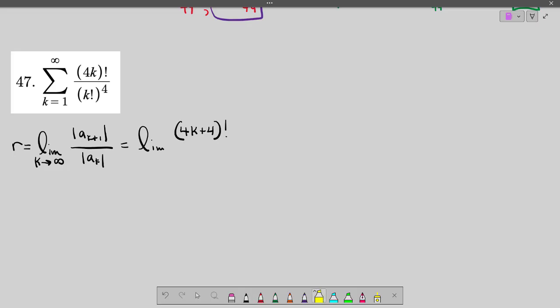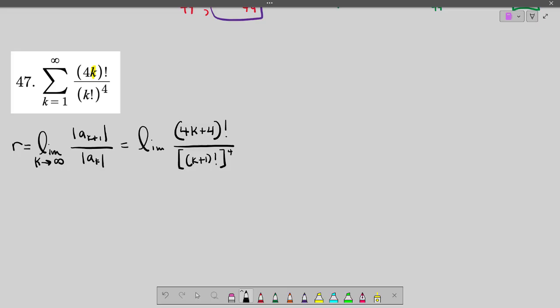When you multiply that 4 by the quantity k plus 1, the 4 distributes, giving us 4k plus 4. And down in the denominator, replacing that k with k plus 1, we'll have k plus 1 factorial, and all of that is raised to the 4th power. So there's our a sub k plus 1.